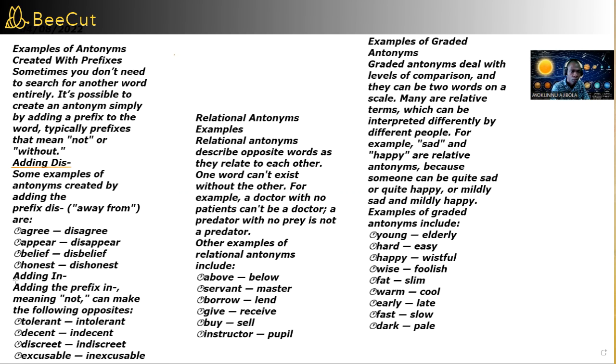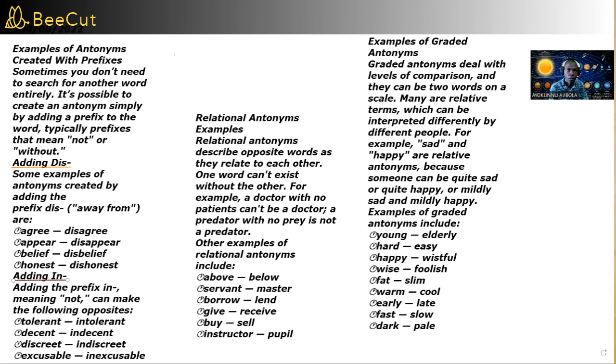Adding the prefix in, meaning not, can make the following opposites: tolerant, intolerant. Decent, indecent. Discreet, indiscreet. Excusable, inexcusable. So, can you see that there? Yes, sir.